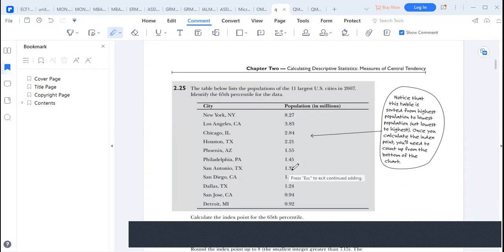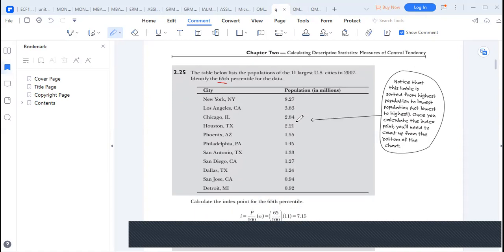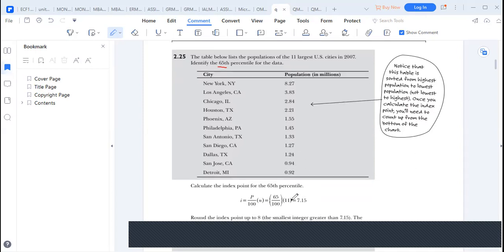Right? So we also have data here. We're being asked to identify the 65th percentile. This data should be rearranged first. It is already arranged in ascending order up to the highest figure. So 65 over 100 times 11, we're going to get 7.15.